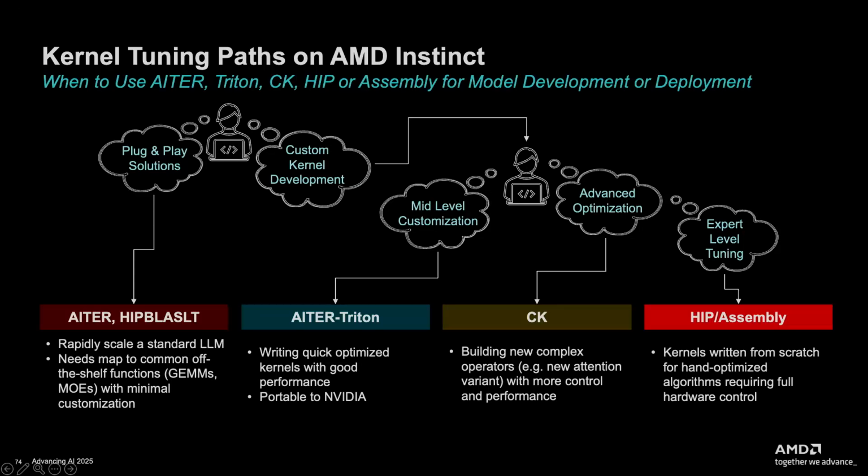And if you have great GPU architecture knowledge and your problem requires the last 5% of performance, go with either HIP or assembly. We have some great examples to be published in the AITER project to demonstrate how we use assembly to develop and get the best performance possible on those most expensive kernels.